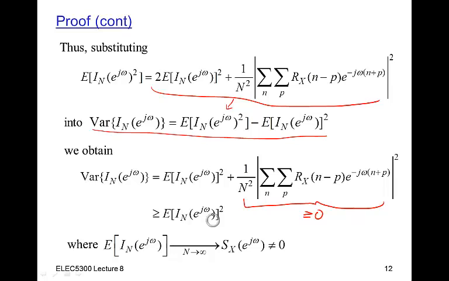And I know that this thing here does not go to 0. In fact, it turns out that this thing does go to 0, and the reason for that is that this is constant along the diagonals of n and p, but this is oscillating along the orthogonal diagonals.